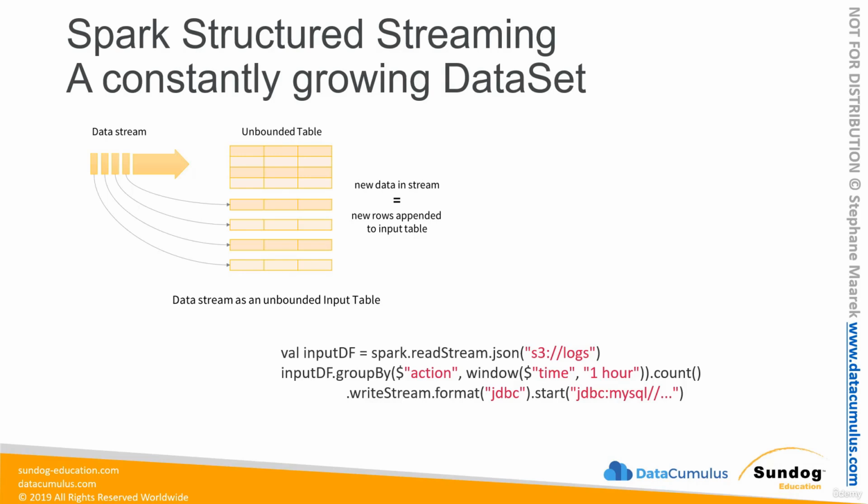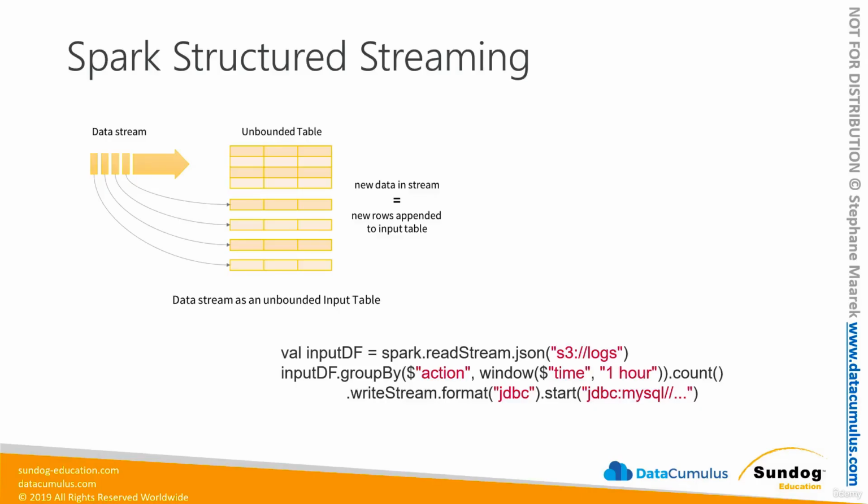So you can get an appreciation of the power of structured streaming here. With just these 2 lines of code, we've said, go and monitor the logs coming into this S3 bucket in JSON format, add them up over the past 1 hour, and write the results every hour out through JDBC to an external MySQL database. So how cool is that? That's a very complicated operation with just 2 lines of code.